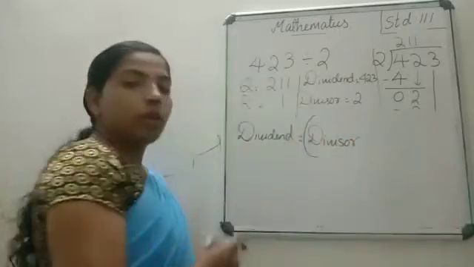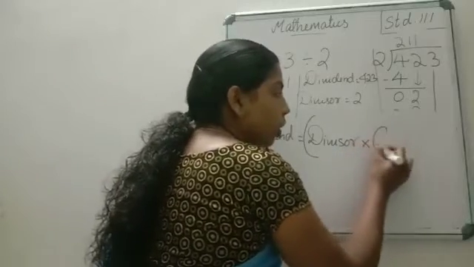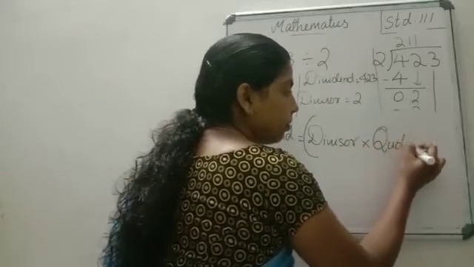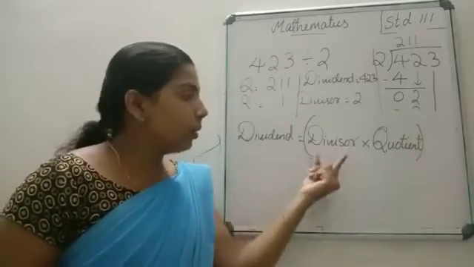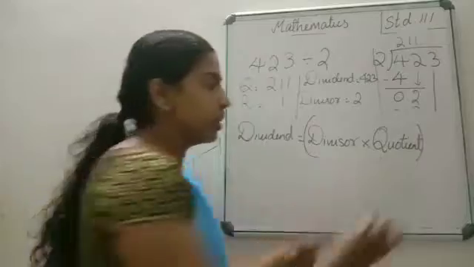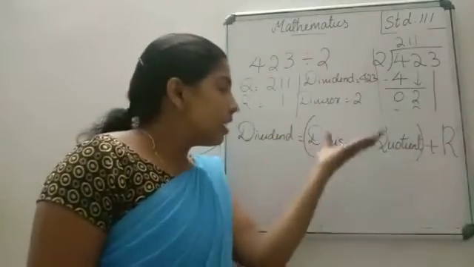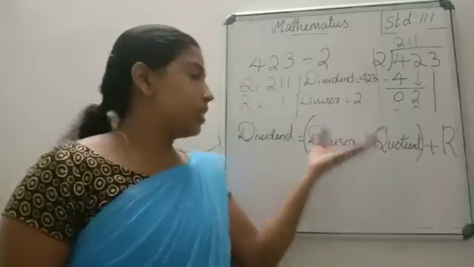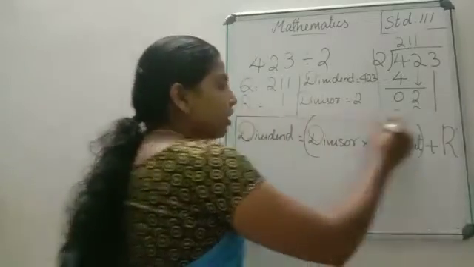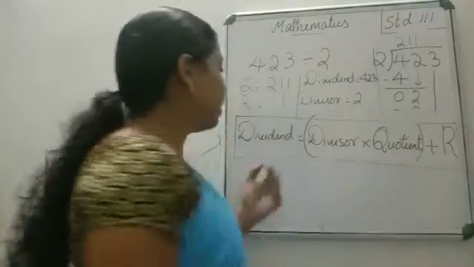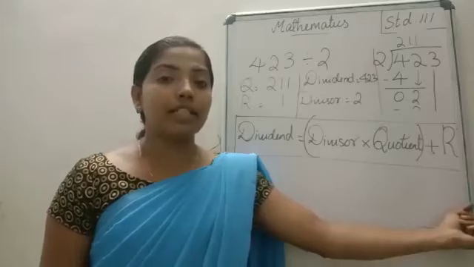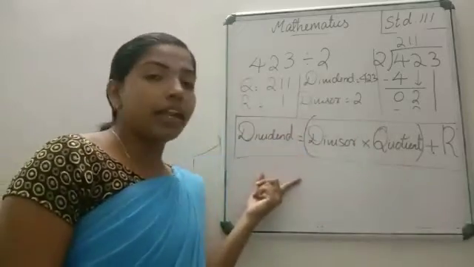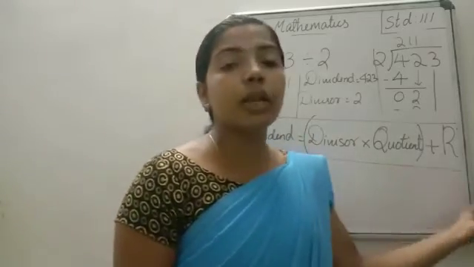Put a bracket also: dividend is equal to, in brackets, divisor into quotient, plus remainder. This bracket means this calculation you have to do first. You have to learn this relation by heart. Please learn it by heart. Say it more times: dividend is equal to divisor into quotient plus remainder.